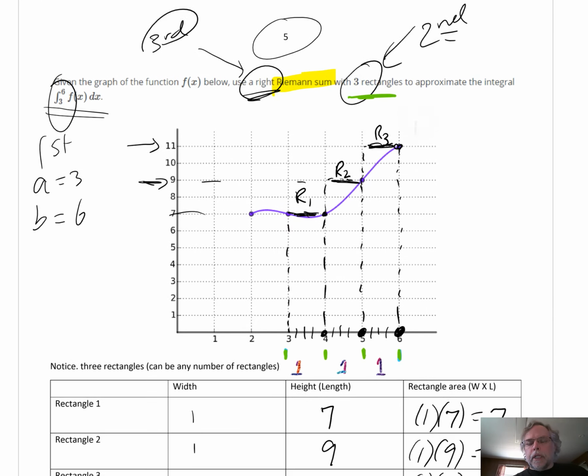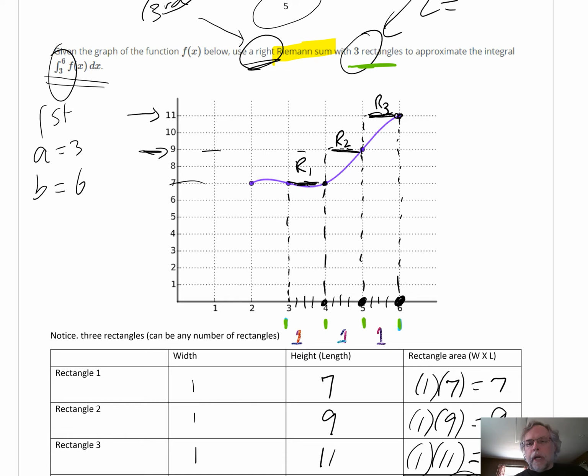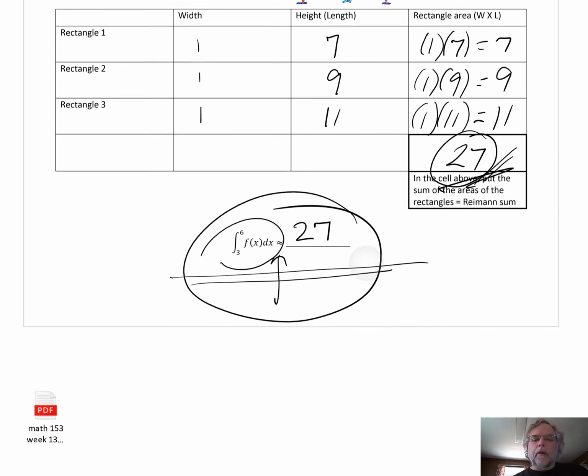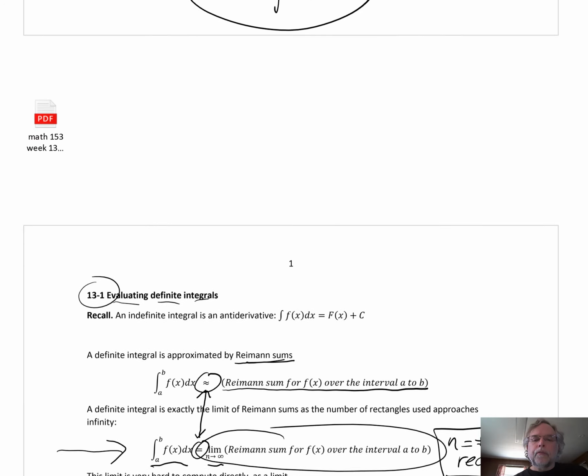We didn't use too many rectangles here. We used 3. We got 27 for approximately the integral. If we used 6 rectangles, the approximation would be better. Then we used 12, then we used 24. We can continually increase the number of rectangles to get a better and better approximation to the definite integral.